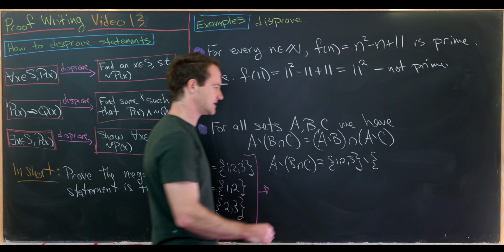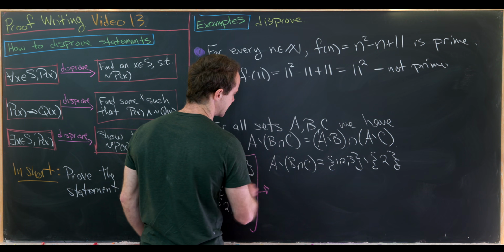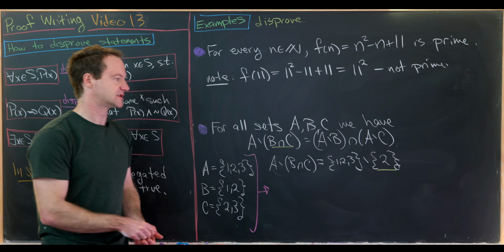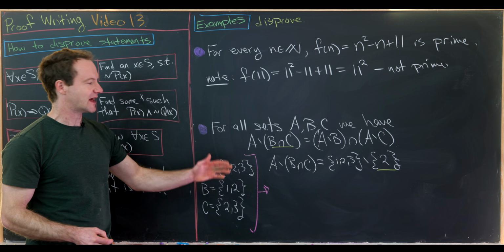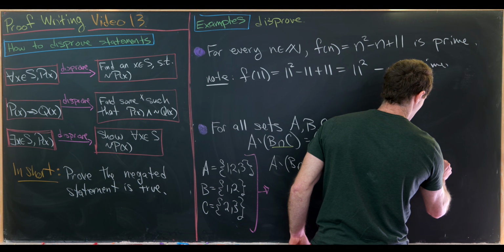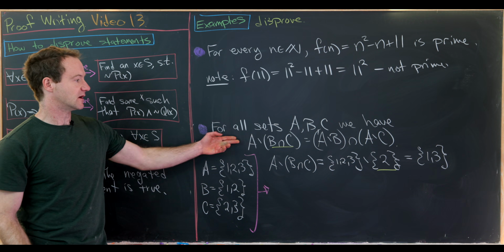It's exactly this number 2. Great. So just to be very clear here, this B intersect C became this singleton 2. But now if we do that set difference, we'll get the set 1, 3. So here we get 1, 3. Okay, good. So that would be the left-hand side.